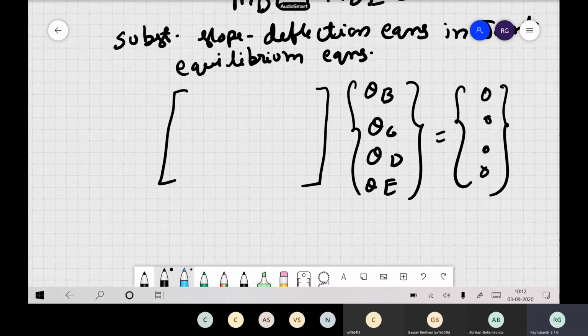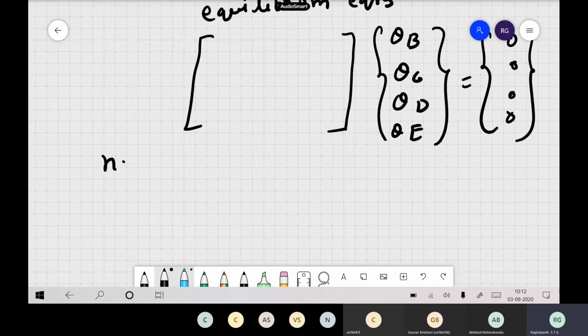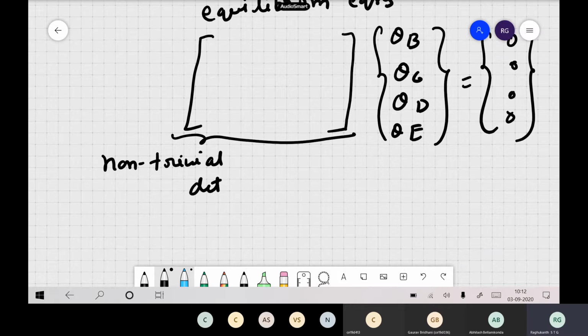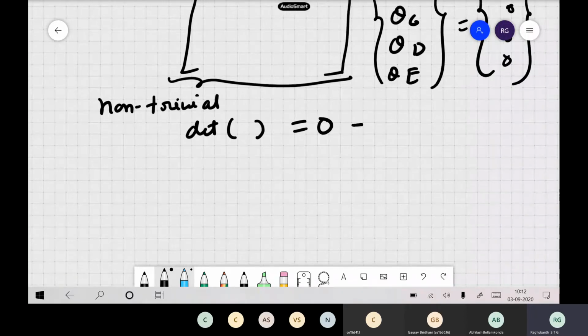For non-trivial solutions, the determinant of this matrix has to be equated to 0. Now you solve this and you will get your buckling load. This is how we will solve.